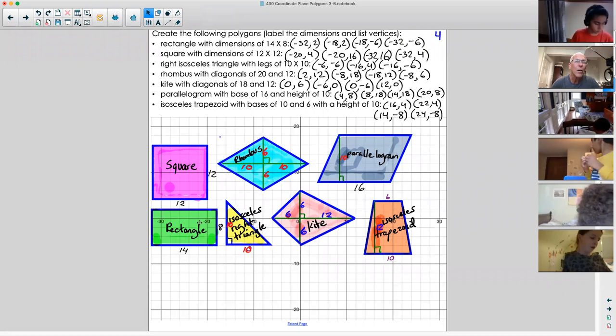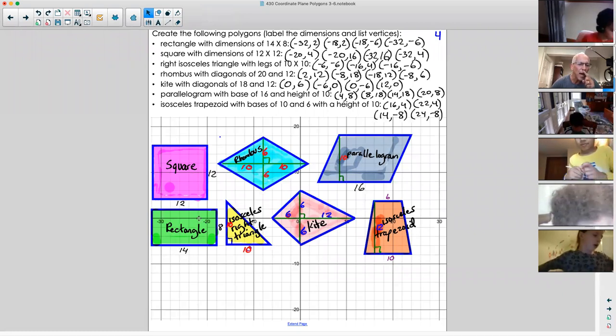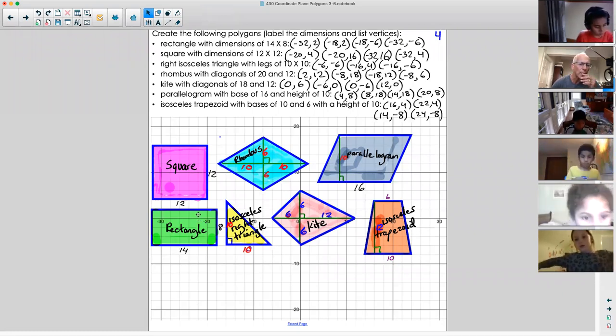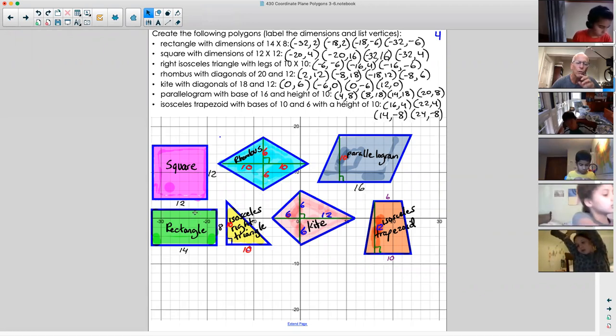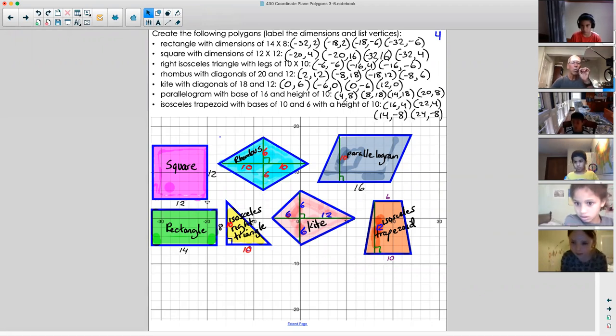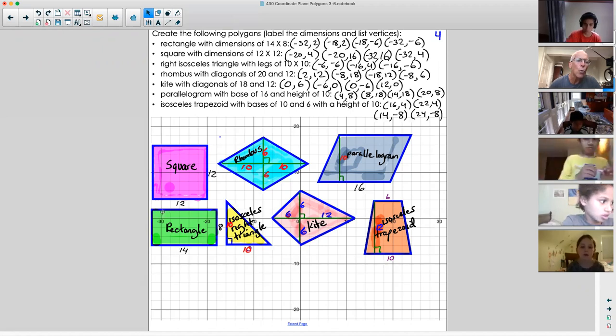And a rectangle, by the way, has 4 equal angles. And those angles are always right angles. Everybody show me a right angle, please.